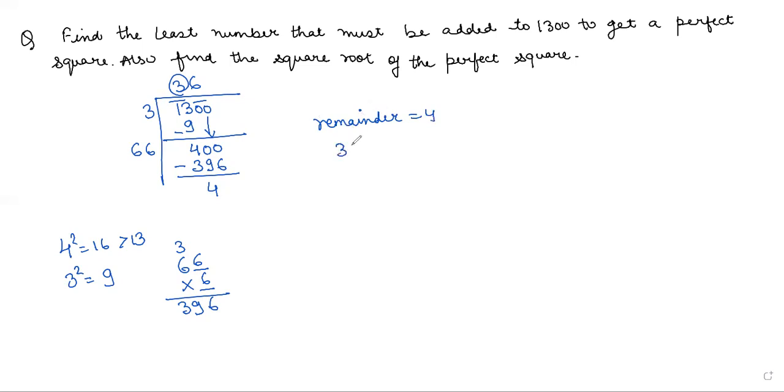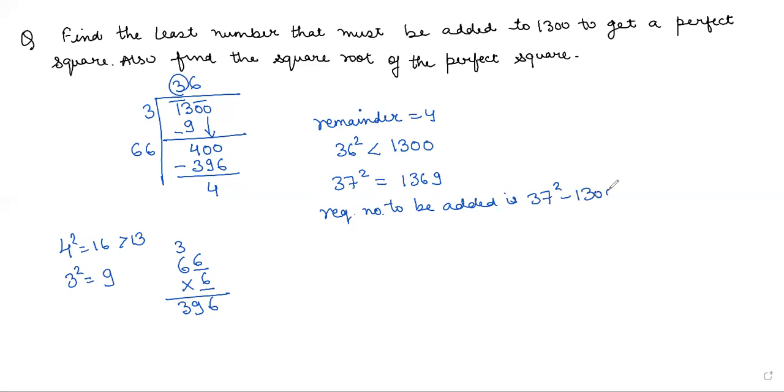This shows that 36 square is less than 1300. So next perfect square number will be 37 square, which is equals to 1369. So hence the required number to be added is 37 square minus 1300.